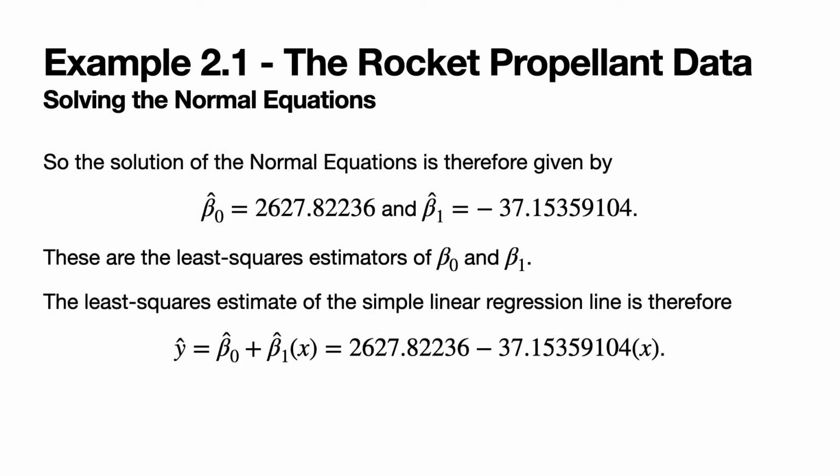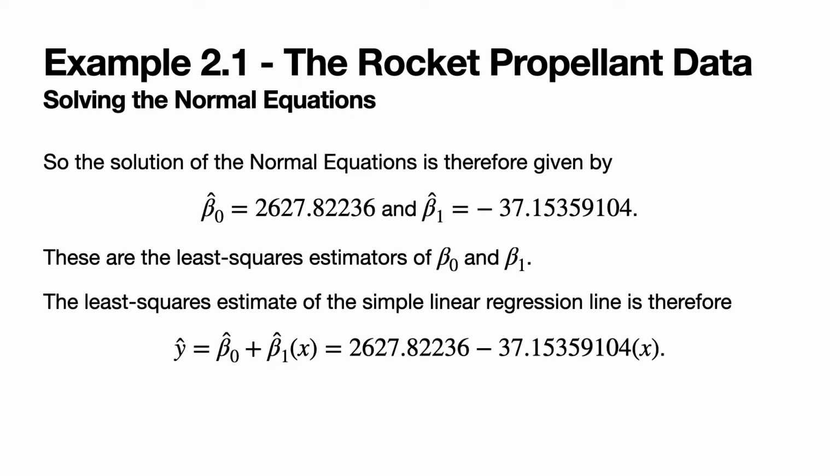So the solution of the normal equations is given by beta 0 hat equal to 2627.82236 and beta 1 hat equal to negative 37.15359104. These are the least squares estimators of beta 0 and beta 1 respectively.